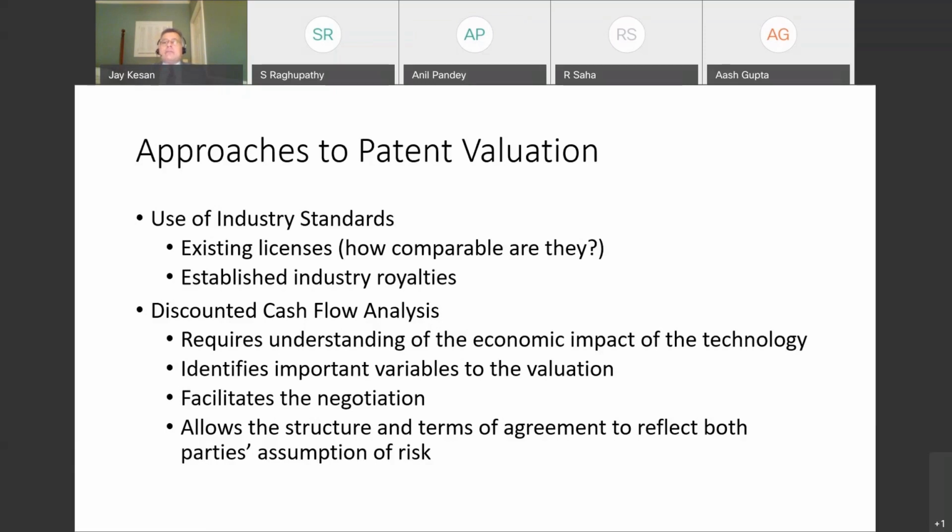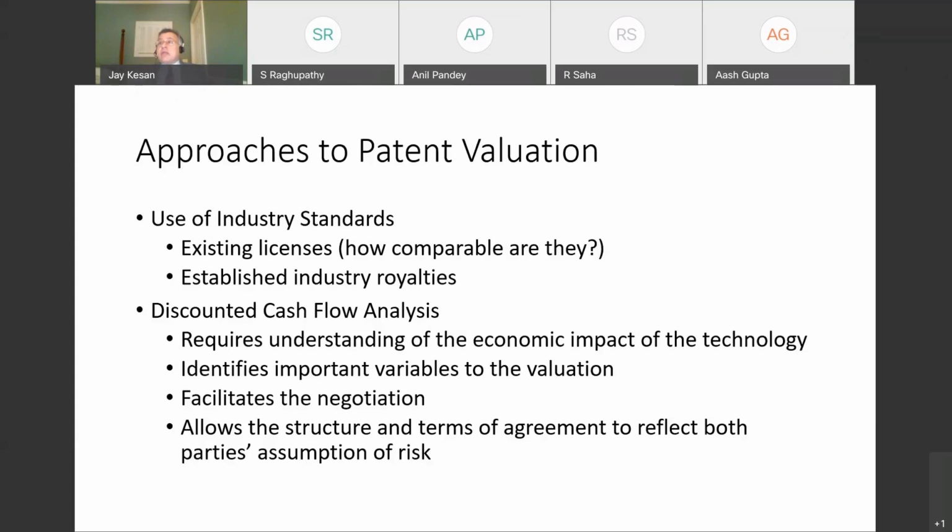So it's just like when you're trying to buy a house and you ask yourself, how much is a similar house, the same size, in the same neighborhood, of roughly the same age? What did somebody else pay for it? The same sort of idea.